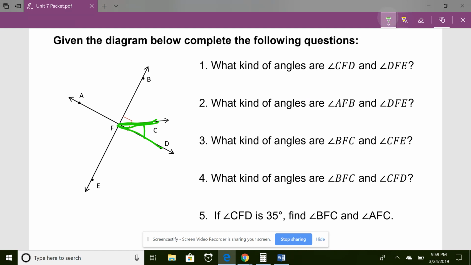And DFE, so the other angle is DFE. So these two angles right here. Now, both of these angles share a side, so we can call them adjacent.